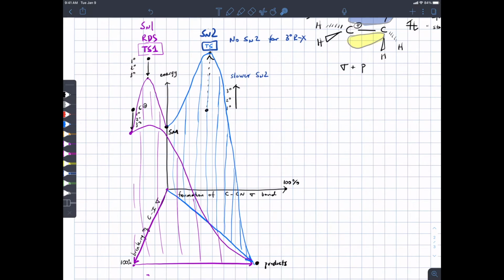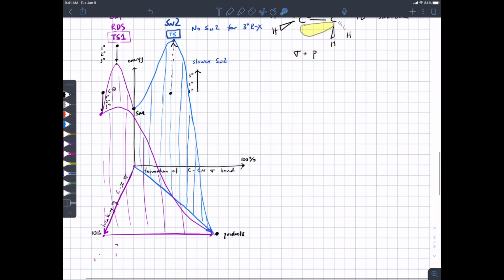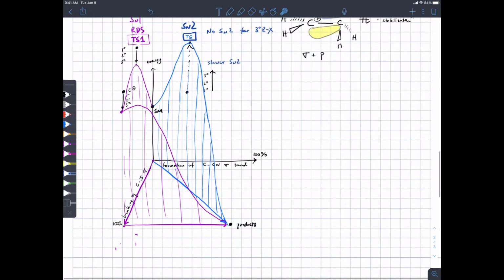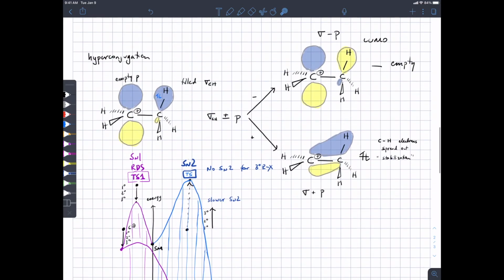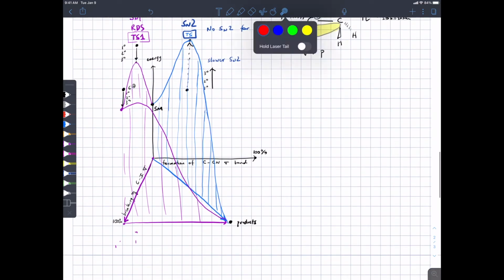You can, of course, do calculations, and that can be fun, but what about experiment? How can you tell whether a reaction has been Sn1 versus Sn2? And the key has to do with the structure of either the transition state or the intermediate.